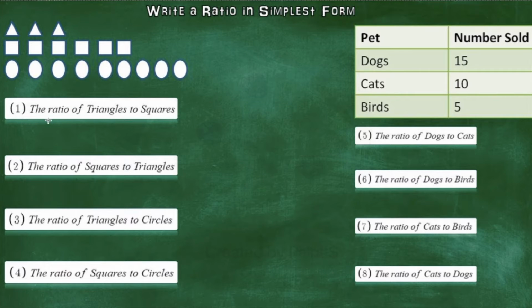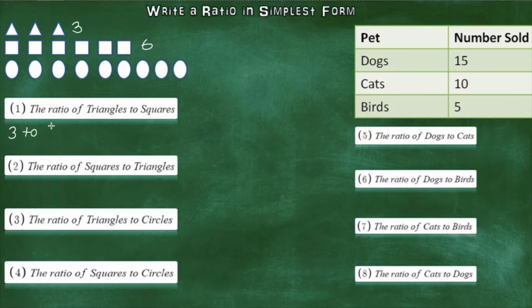Question 1. The ratio of triangles to squares. To be able to write the ratio of triangles to squares, we need to know how many triangles we have here. So we have 1, 2, 3 triangles. So we write 3 to. The number of squares. We have 1, 2, 3, 4, 5, 6. 6 squares.